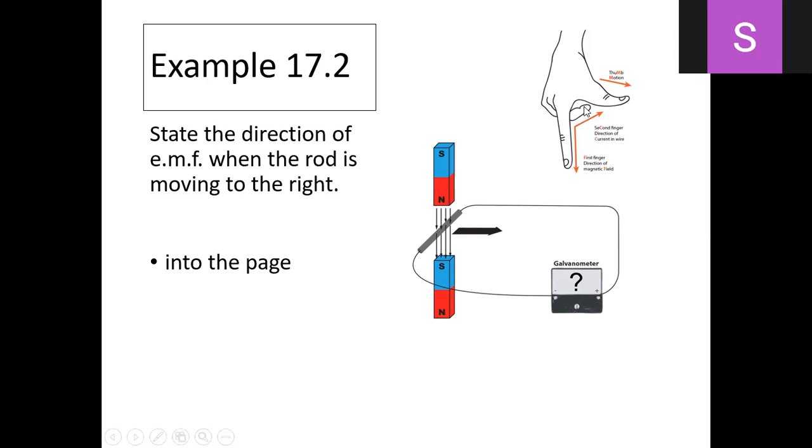There's the thumb. The second finger is going in. Adjust your hand. There's your field going down. There's your thumb there.